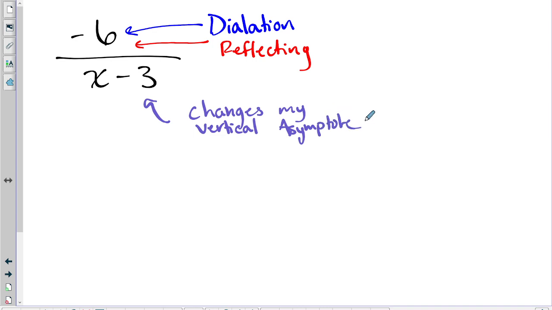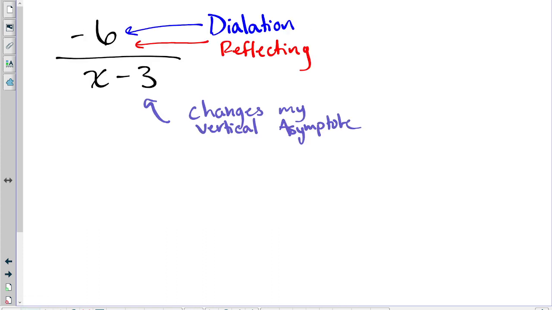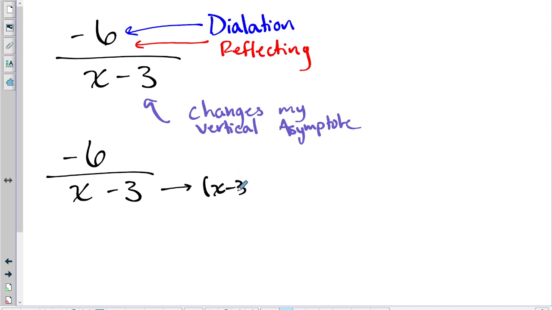Okay, and what it changes it by is the value of x I need to make the denominator 0, right? Same logic. The vertical asymptote happens when the denominator is 0, and so really what I'm trying to figure out is what value of x makes this denominator, x minus 3, equal to 0, right? That's how we find the vertical asymptote.